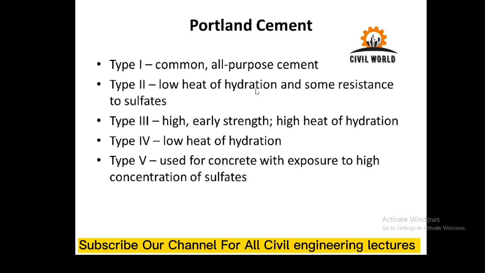So to reduce the rate of strength development, type 2 cements are used, and they are also commonly used in mass concreting, where if normal cement is used, there will be higher heat of hydration, which will cause internal cracking. So to reduce the rate of strength development and the heat of hydration, low heat cements are used so that the strength is developed slowly and gradually, avoiding internal cracking.